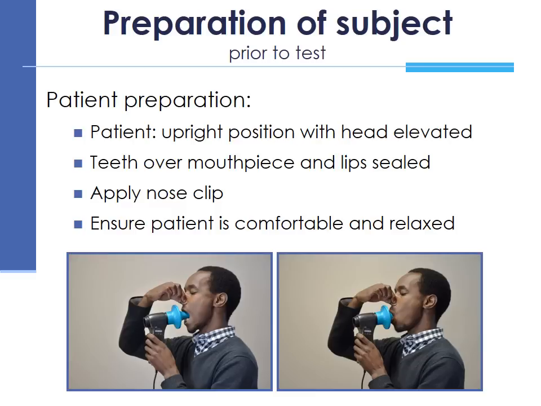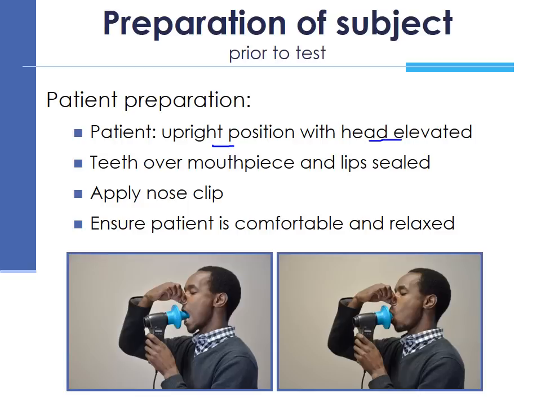During the preparation of the subject or the patient prior to the lung function test, it's important that you as the clinician provide a few pointers on exactly what is expected of them throughout the test. It needs to be explained to them that throughout the test they need to remain in an upright position with their head elevated. This is vital because it ensures that the chest cavity is open and that air can flow freely without obstruction.